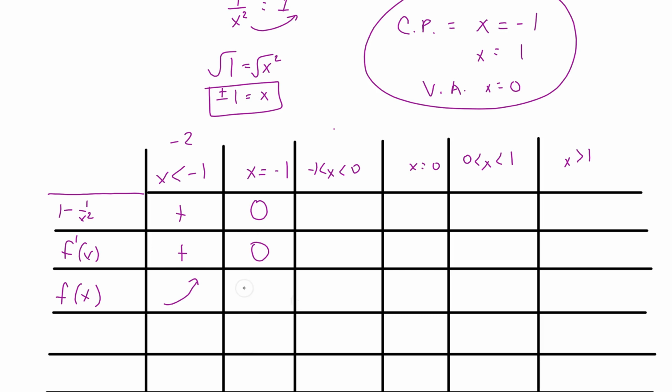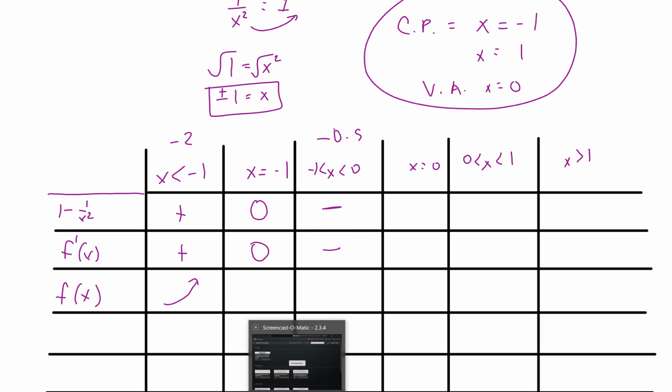So we know it's either going to be a max or a minimum. Let's do minus 0.5. So that'll give something negative. So 1 minus 1 over 2 squared will give us 1 minus 4. So that'll give us something negative, if I'm not mistaken.